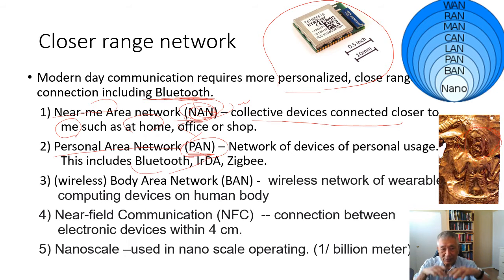Those need some kind of network just for you. With the personal area, the people sitting next to you may be affected and can share some data, but this is for your body only.